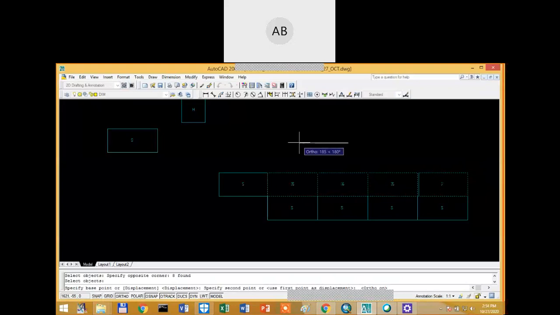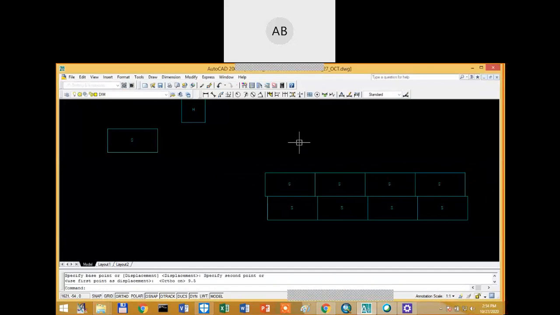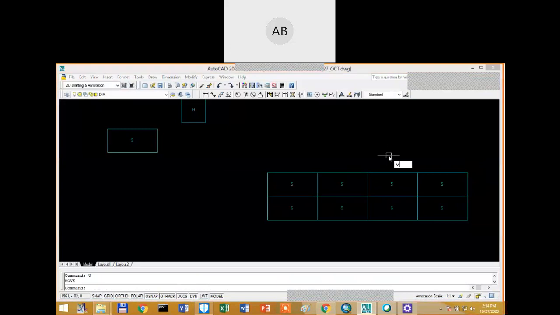Total length is 19. How much is half of 19? 9.5. 9.5 centimeter means 95 millimeter. Okay, got it?